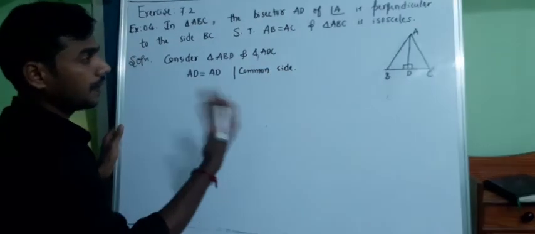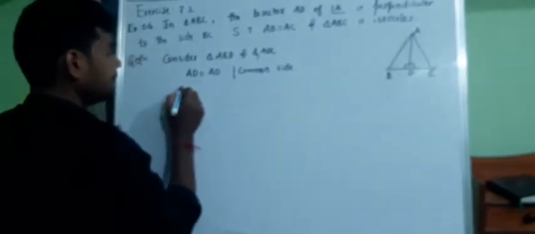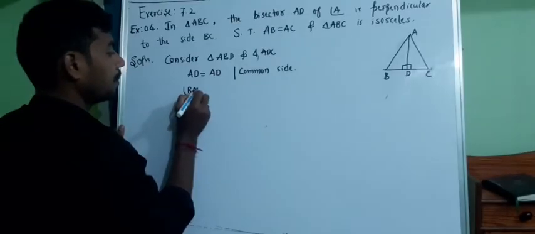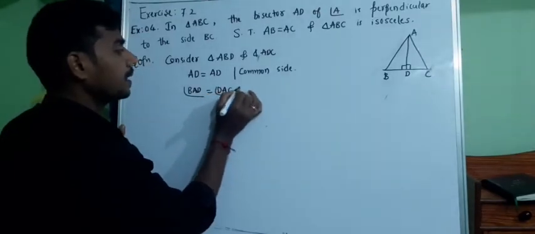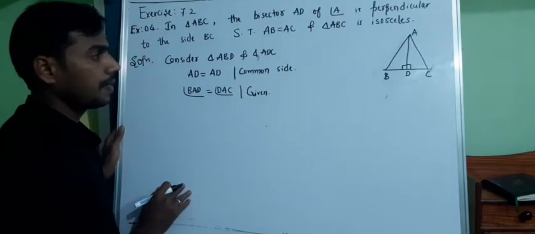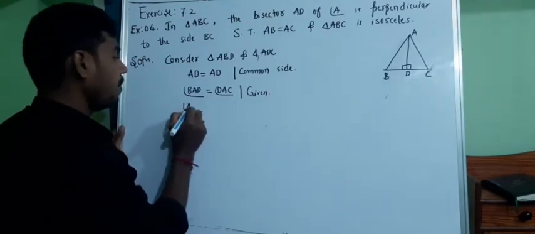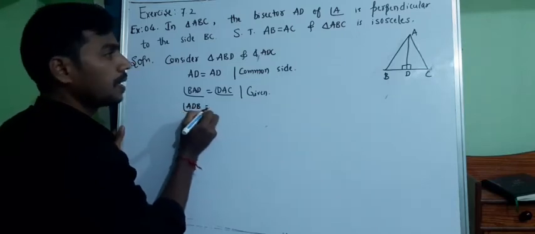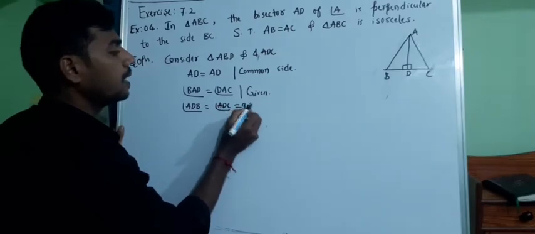Next, angle BAD is equal to angle DAC. It is given. Next, angle ADB is equal to angle ADC is equal to 90 degrees. It is given.